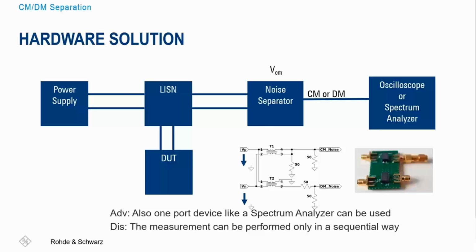Alternatively, with a bit of DIY tinkering, it's possible to create your own noise separator. However, it's important to note that this DIY approach requires a wide band RF transformer and a very high quality resistor for impedance matching. But the good thing is with this approach, you can use a receiver or spectrum analyzer to measure both common and differential mode noise without the additional computational steps.